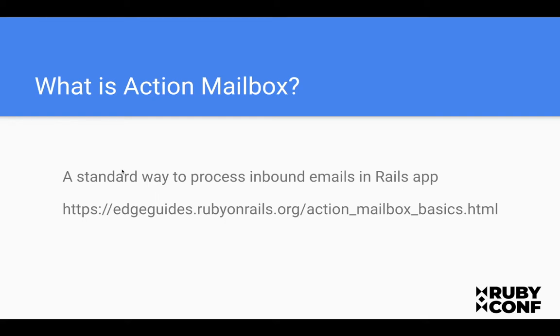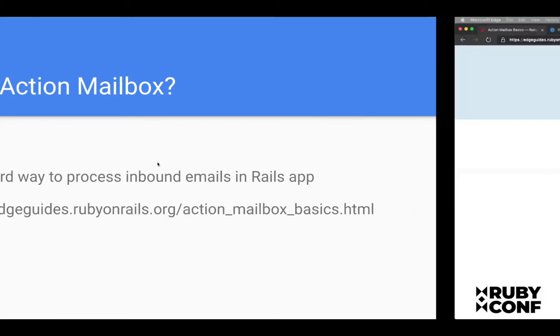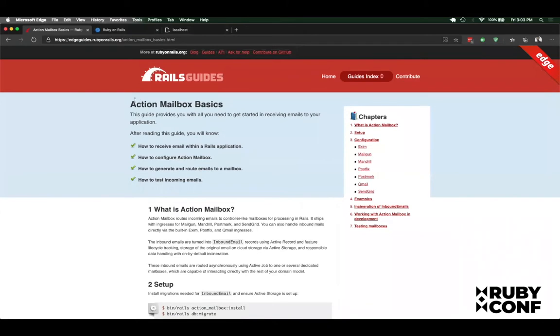In Rails 6, they introduced Rails Action Mailbox, so there is a standard way for developers to process inbound emails within a Rails application. These are the official Rails guides.